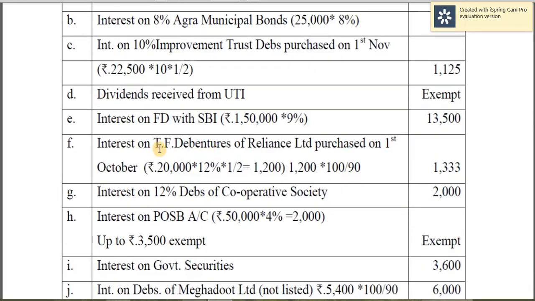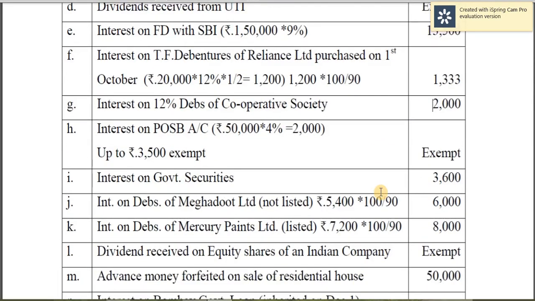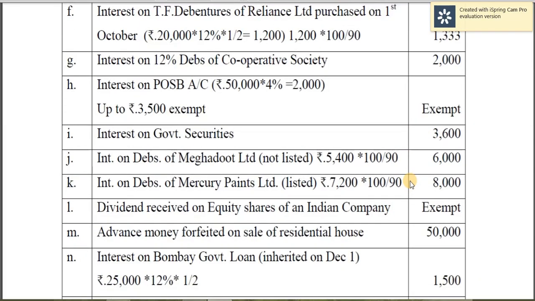So like interest on tax-free debentures of Reliance Limited, 1,300 is the gross amount, but the net amount realized after TDS is 1,200. Then in the case of interest on cooperative society, okay, no TDS, 2,000 gross and 2,000 net. And this is interest on government securities, 3,600, no TDS, so 3,600, and net amount is also 3,600.